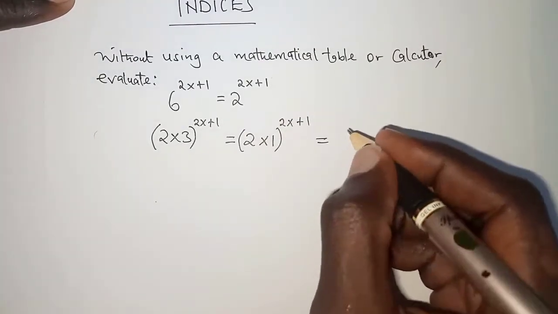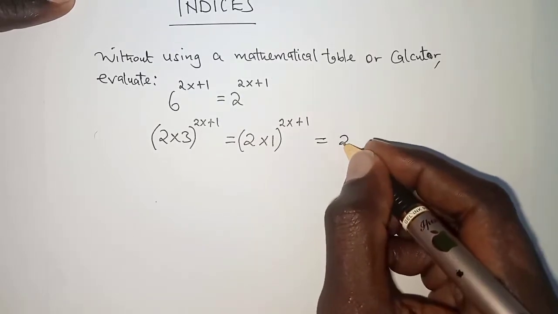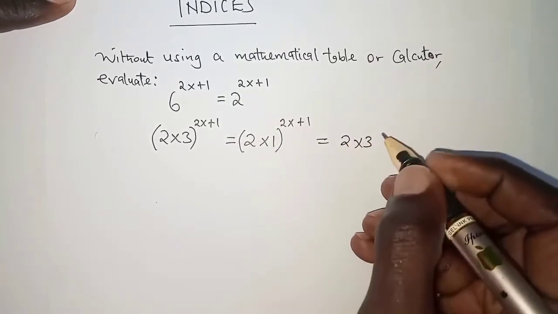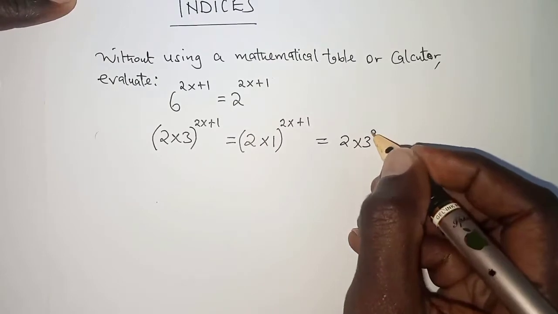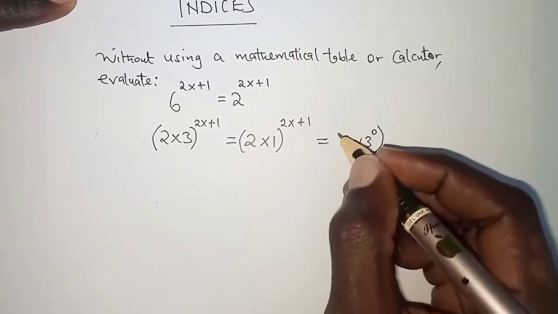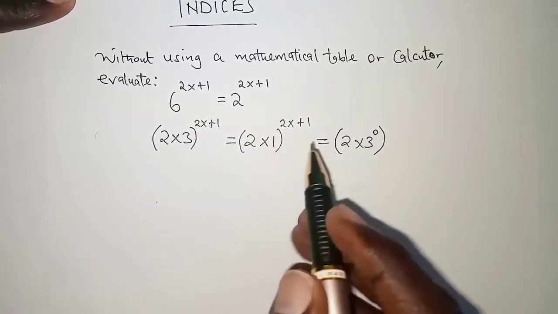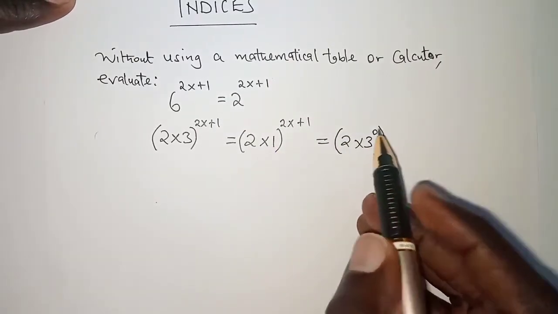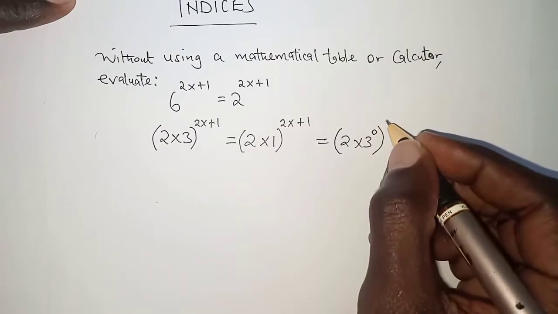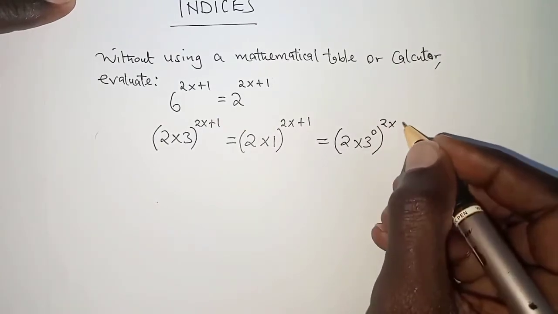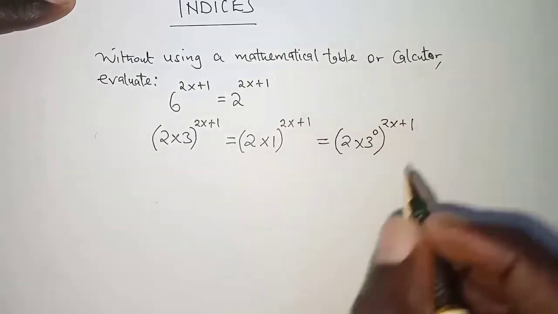So we are going to achieve that as follows. We have 2 times 3, but 3 here has to be raised to power 0. So if you have a number raised to 0, that will always give us 1. So this 1 here, we are going to replace with 3 power 0, but still we'll have to raise it to power 2x plus 1.